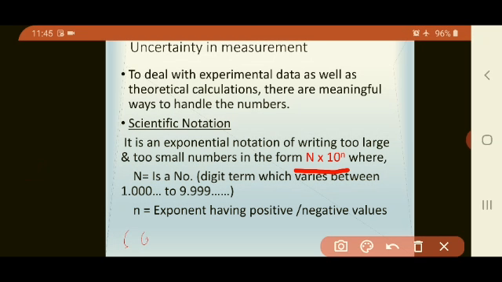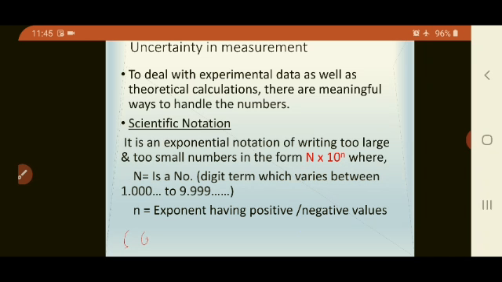In short, we can say it is 1 to 9, that is, less than 10, into 10 to the power n, or 10 to the exponent n. So small n is called the exponent. The exponent may be positive or negative. When we write in such form, it is called scientific notation.